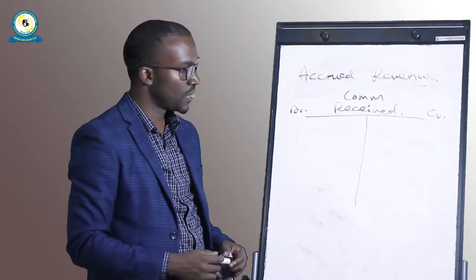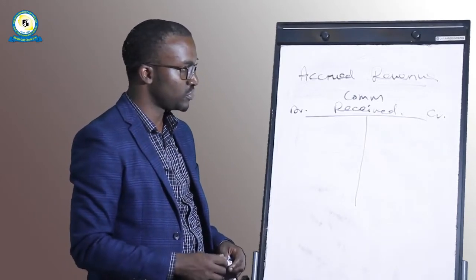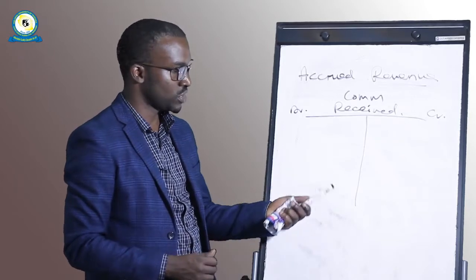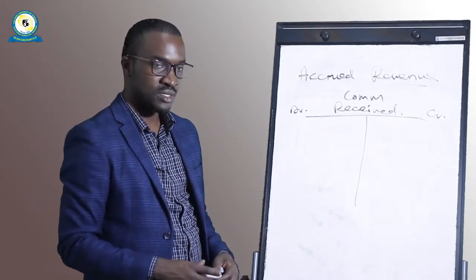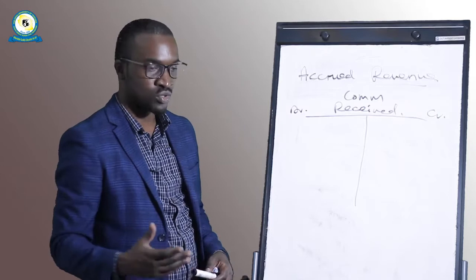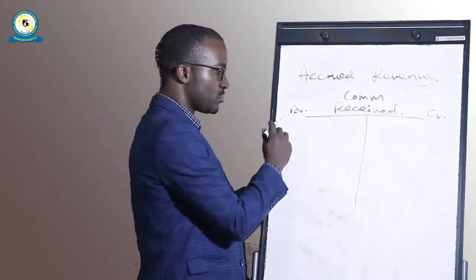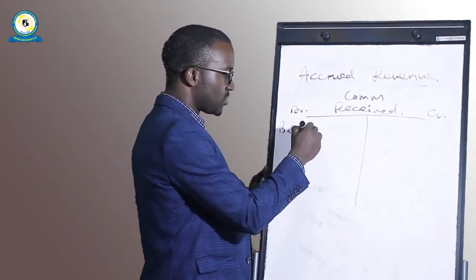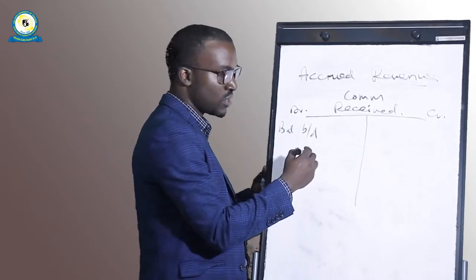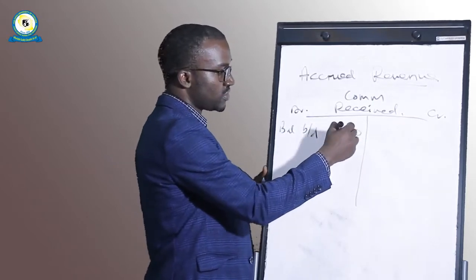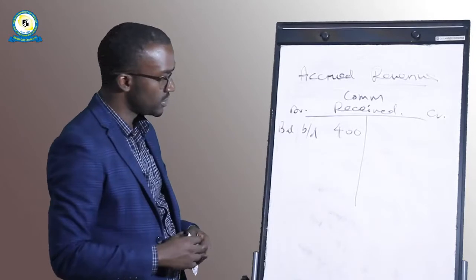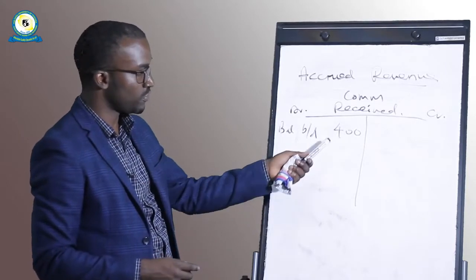If you receive revenue, you are supposed to credit it. But since this amount was not received, it was supposed to be received, it is going to be on the other side. Then you're saying the balance brought down: this was supposed to be received, but it was not received, so it was still unpaid. We have a balance brought down of 400.